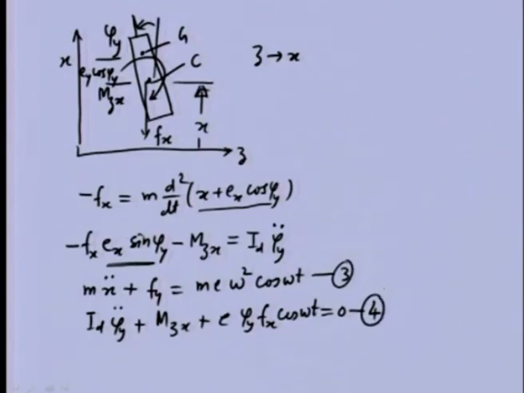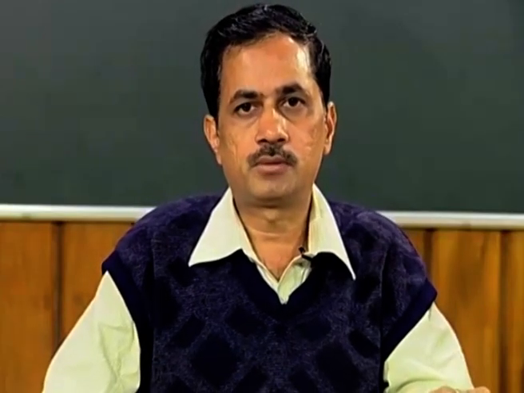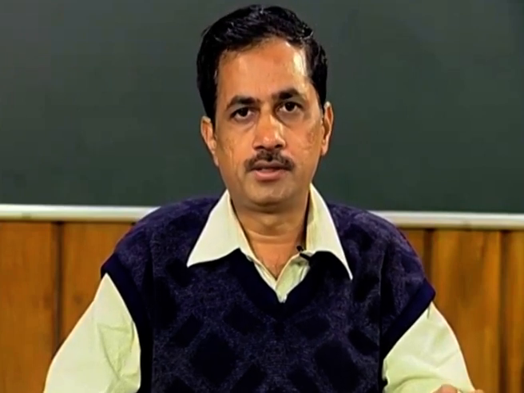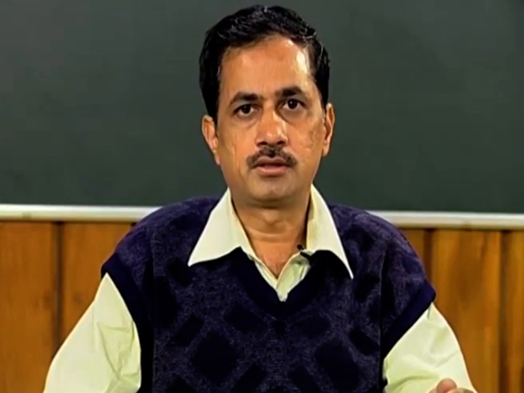These equations of motion we can now write in one place in matrix form. These four equations of motion will be written in one place in matrix form, so that it is more convenient to handle the four equations in a very compact form.